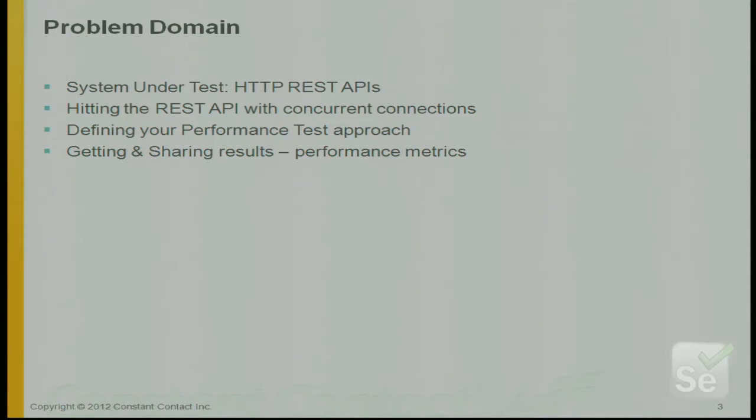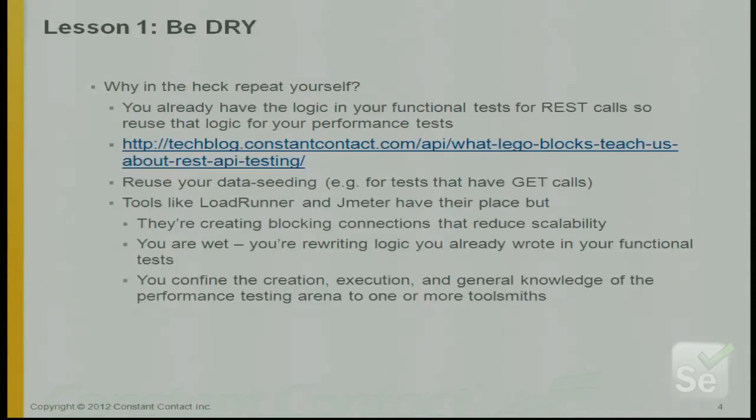In our case, it's a lot of mobile apps and partners that are hitting our REST APIs at developer.constantcontact.com. And that's what we're addressing today. So we're going to talk about defining your performance test approach, getting those results when they come in, sharing them, and diving a little bit into some examples of some good performance metrics.